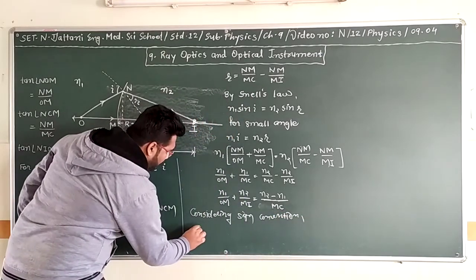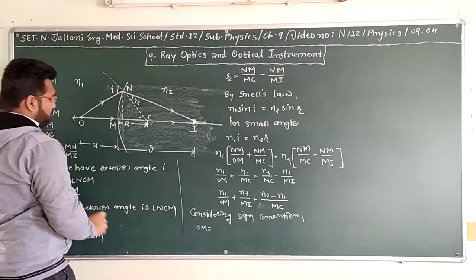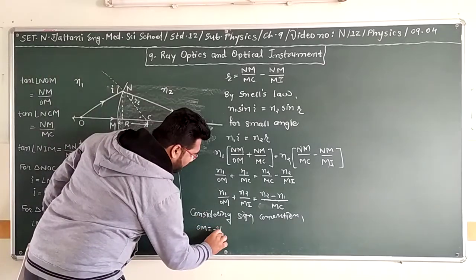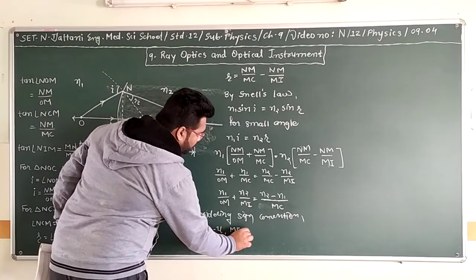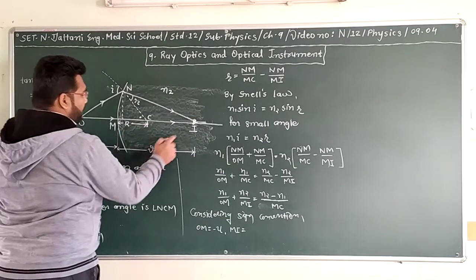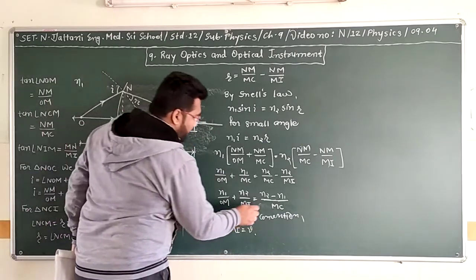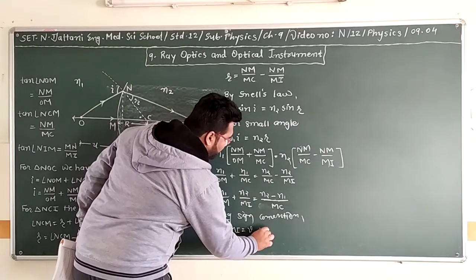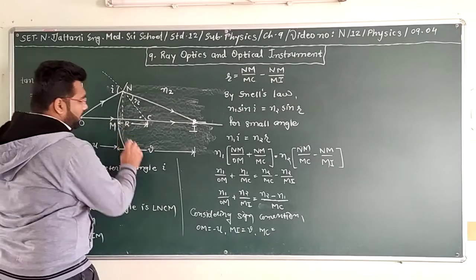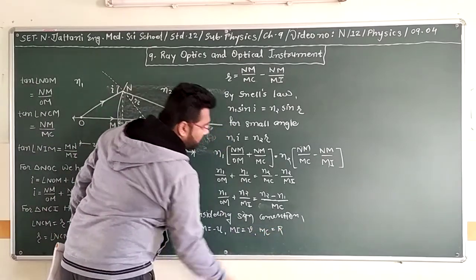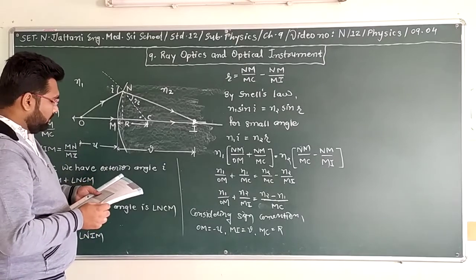We have the value of OM, that is our object distance, that will be minus U. The value of MI, which is our image distance, that is equal to V, and the value of MC, this is our radius of curvature, capital R. So we will put all the values here.